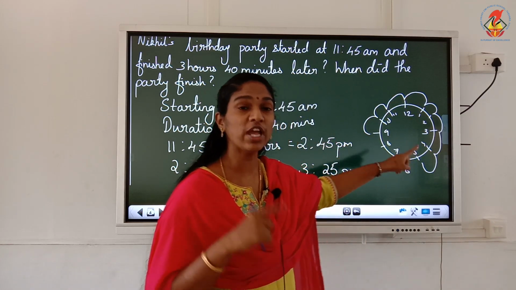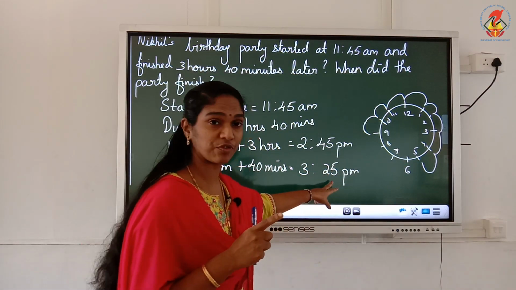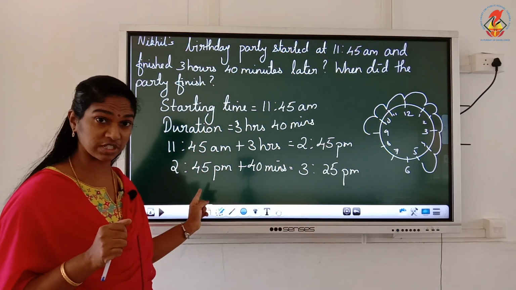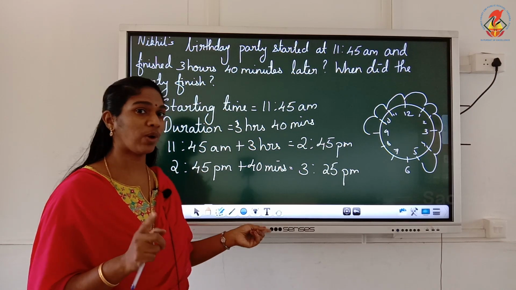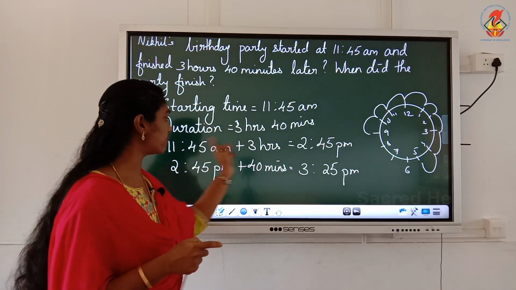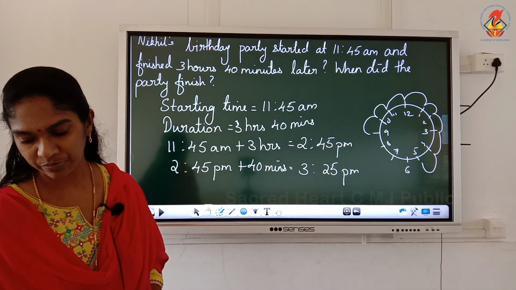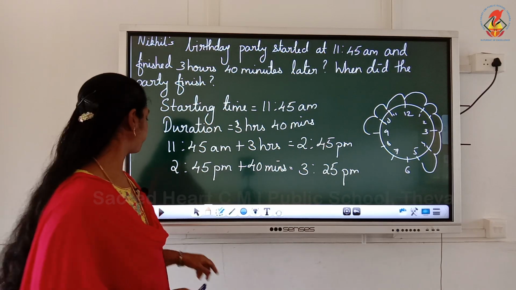I will reach at 5. At 5 how many minutes? 25 minutes, right? So I wrote that 25 and it's all still PM. Now I have to decide about my hour. Since the minute hand is crossing 12, you have to change the hour. 2 becomes 3. So it becomes 3:25 p.m. Understood?